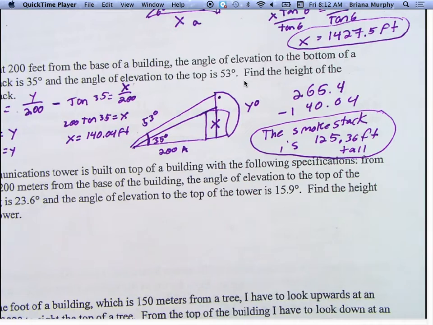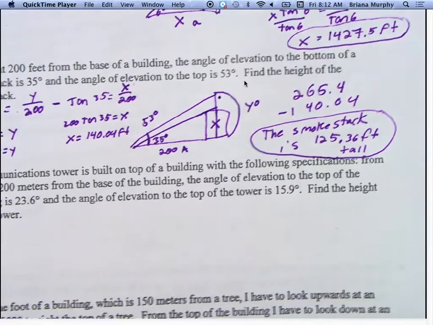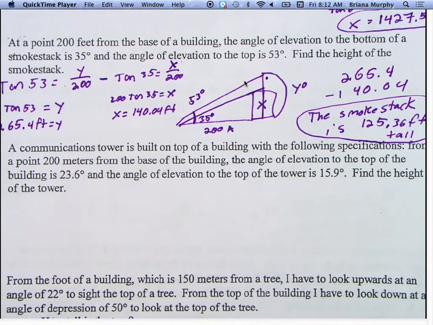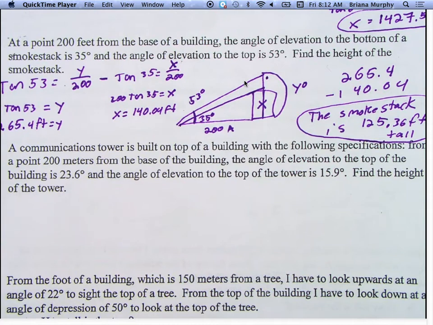Okay, number 4 is very similar to number 3. A communications tower is built on top of a building with the following specifications. From a point 200 meters from the base of the building, the angle of elevation to the top of the building is 23.6 degrees, and the angle of elevation to the top of the tower is 15.9 degrees.